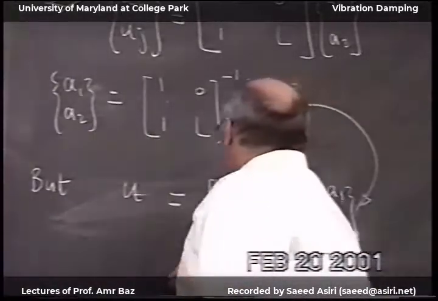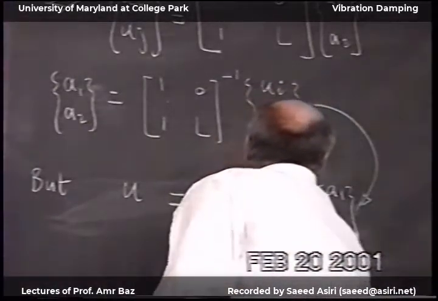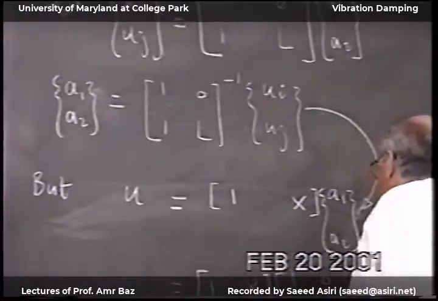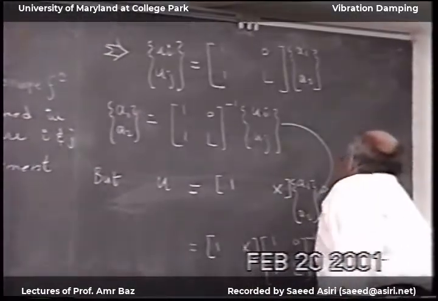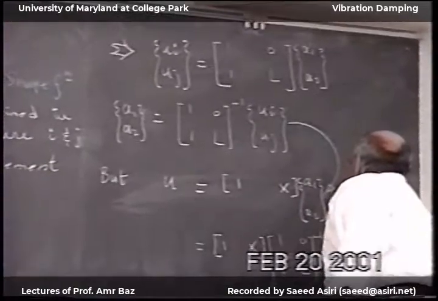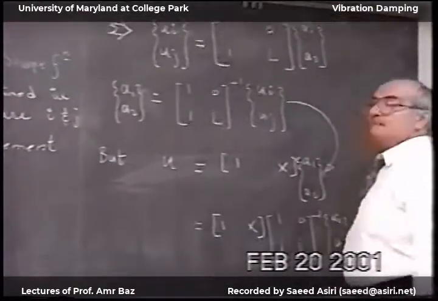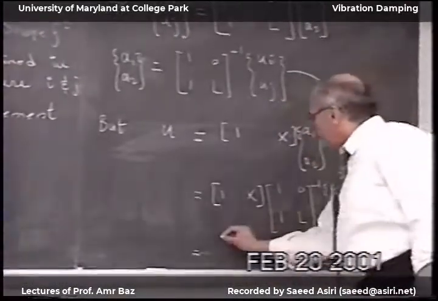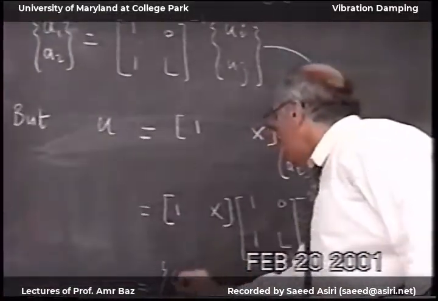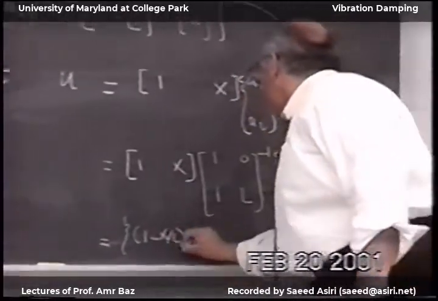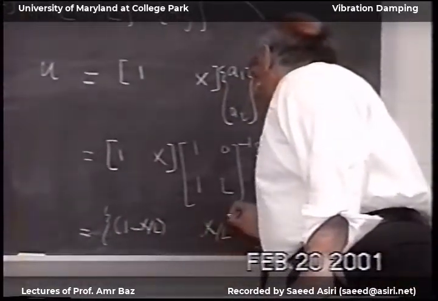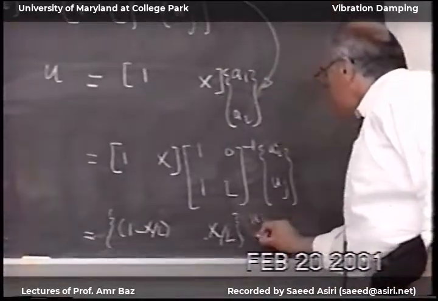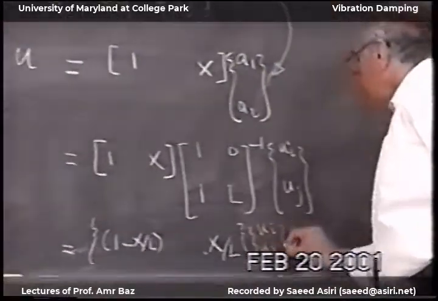So now this will equal 1 and x, and then 1, 0, 1, L inverse, times ui and uj. And then now this will reduce, when we do all the calculation, to 1 minus x over L, x over L, times ui and uj.